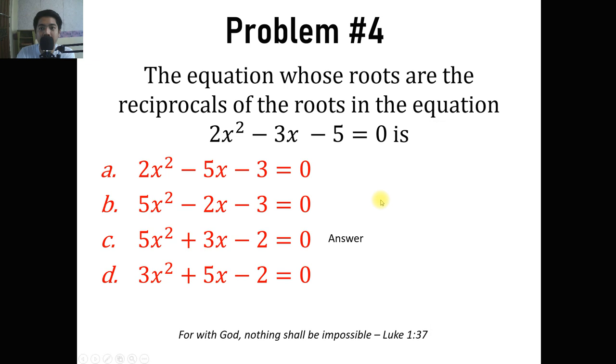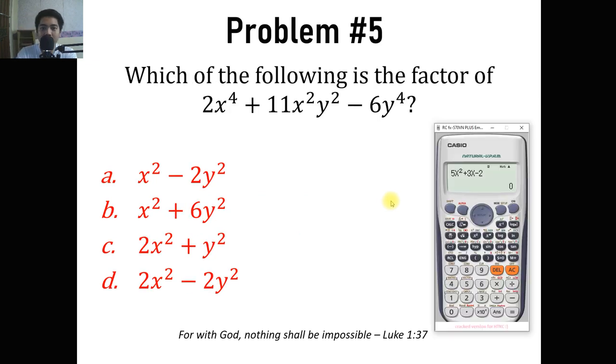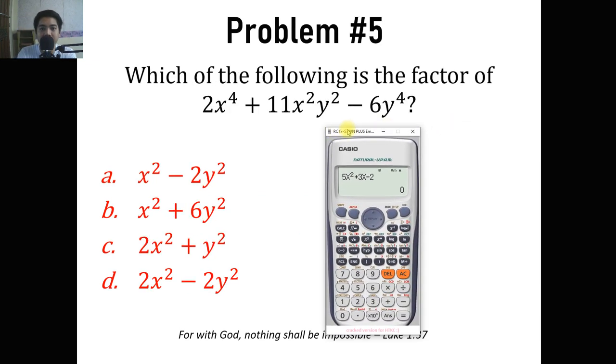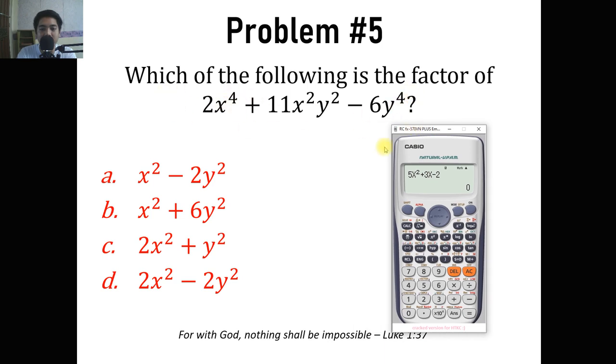Okay, let's proceed with problem number 5. Which of the following is a factor of 2x raised to 4 plus 11x squared y squared minus 6y raised to 4?